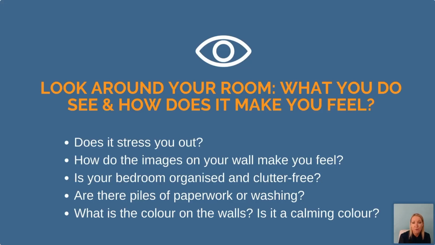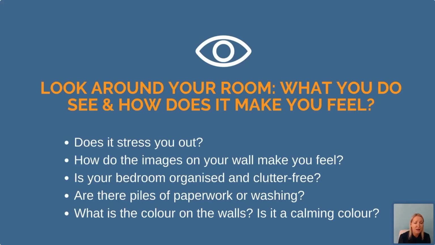If your bedroom's full with work to do and shoulds and musts, it's going to be stressful, and you're not going to feel calm when you lie down to bed at night. And also, what is the colour of the walls in your bedroom? And is it a calming colour? So the colours that are very stimulating are red and purple and dark grey and black.